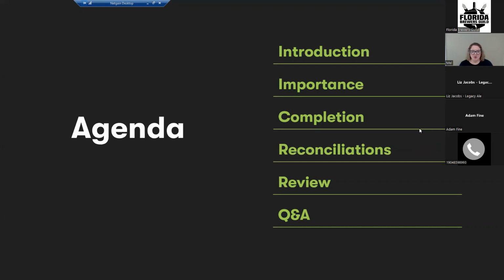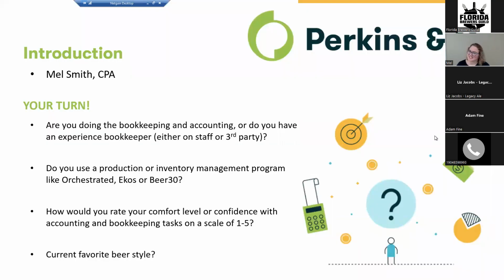Then we'll talk about the importance of month-end close, what it takes to actually complete the process, including reconciliations, and then also the review process. I'm hoping to leave a little bit of time at the end for Q&A, and not necessarily just about month-end close. You can ask me any financial related questions, not technical brewing, definitely can't answer that, but financial related questions, I am definitely here for you.